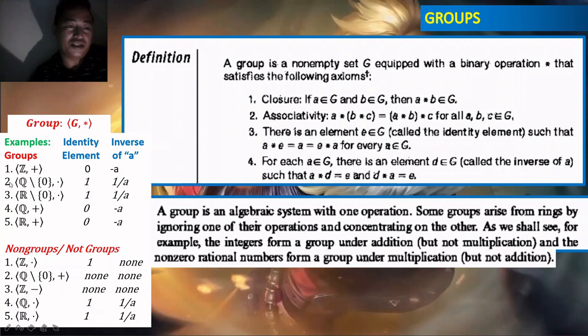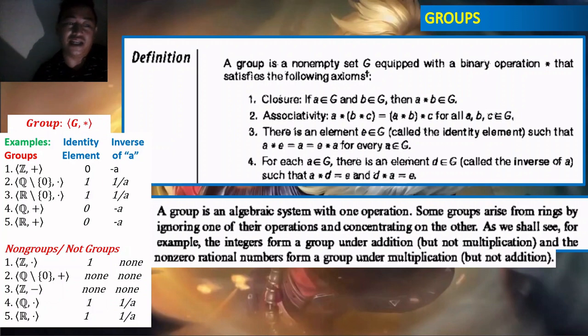Okay, for number 2 and 3, since this is product, class, the identity element is 1. So if we multiply 1 by a rational number or a real number, the answer is still that number. So the identity element is satisfied. Property 3, check, check. Okay, for the inverse, class, its inverse is 1 over a. If we don't have zero, for example in Q, take 2. Its inverse is 1 half.